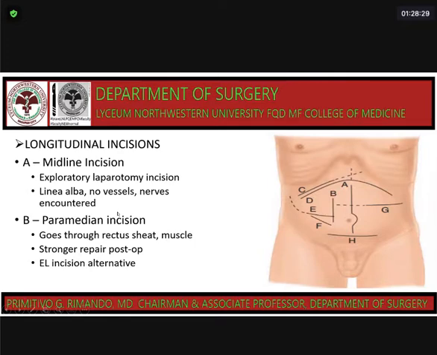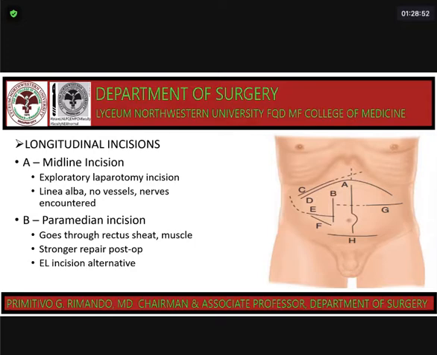The advantage, as I've discussed earlier, is you have several layers to repair. So of course you cannot use this for trauma patients. Even if that patient is malnourished and needs to have an explore lap quickly, you cannot do the paramedian. You have to go through the midline.